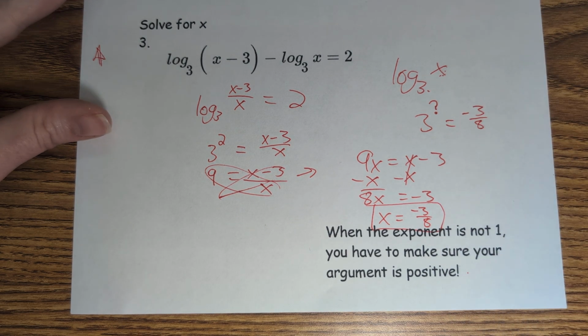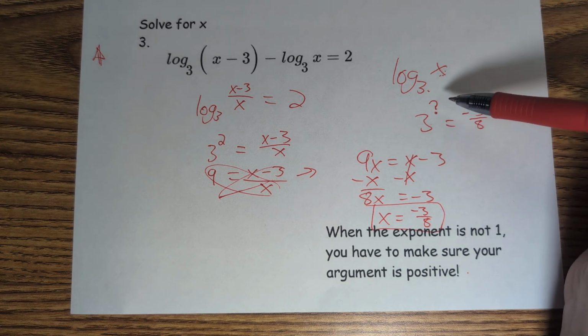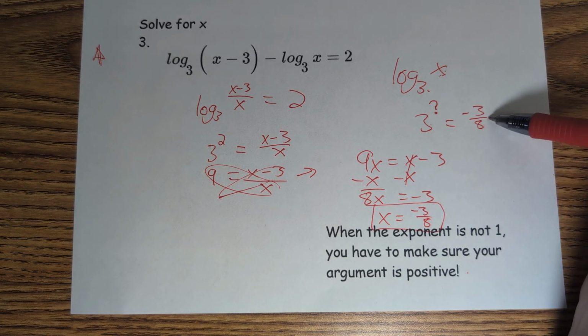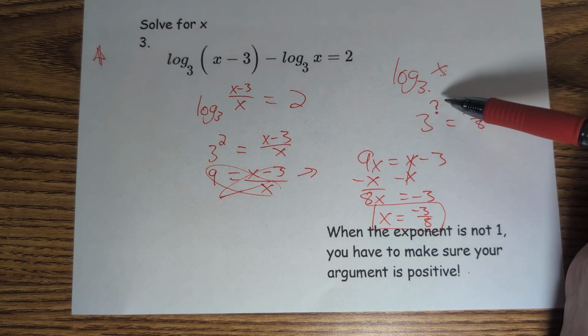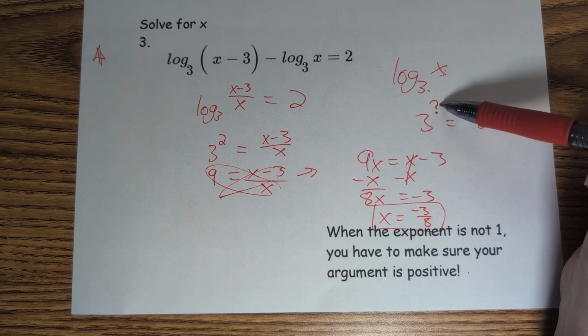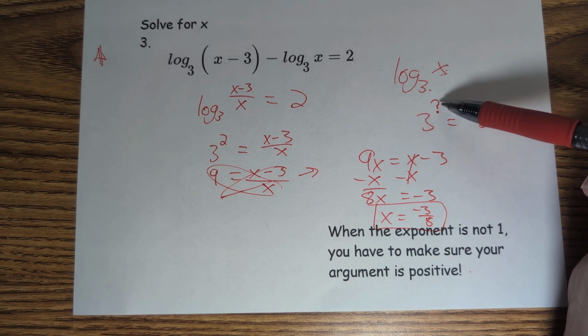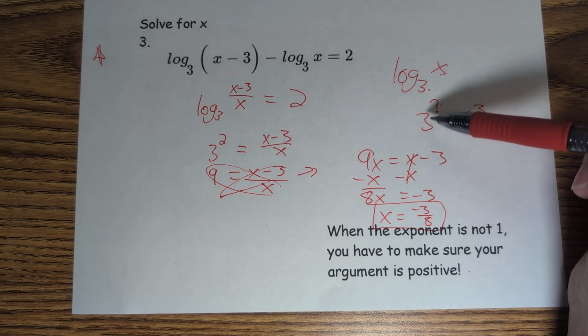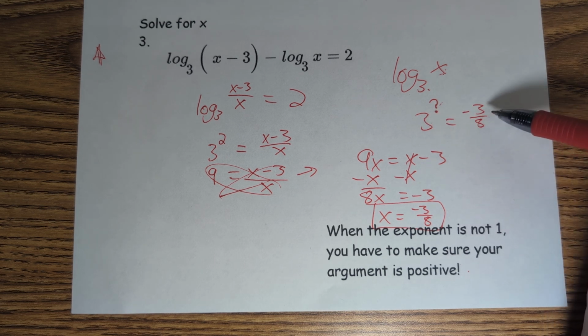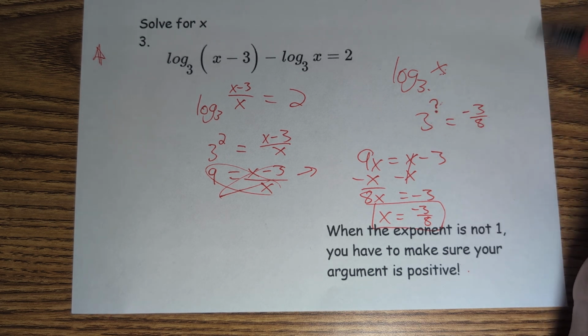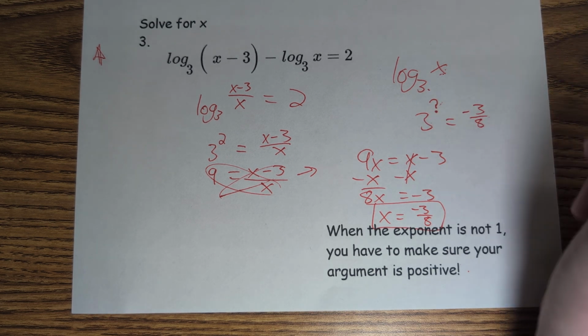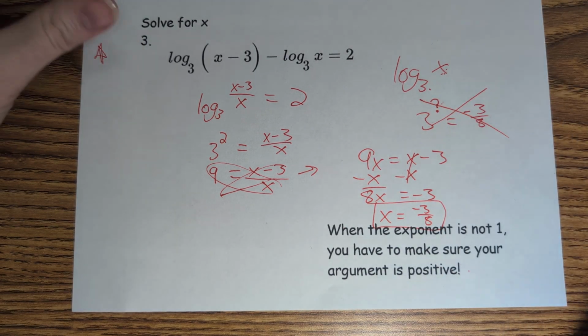Even if the exponent was negative, that turns it into a fraction. A negative exponent wouldn't make this negative. It might flip it upside down, but it wouldn't make this negative.